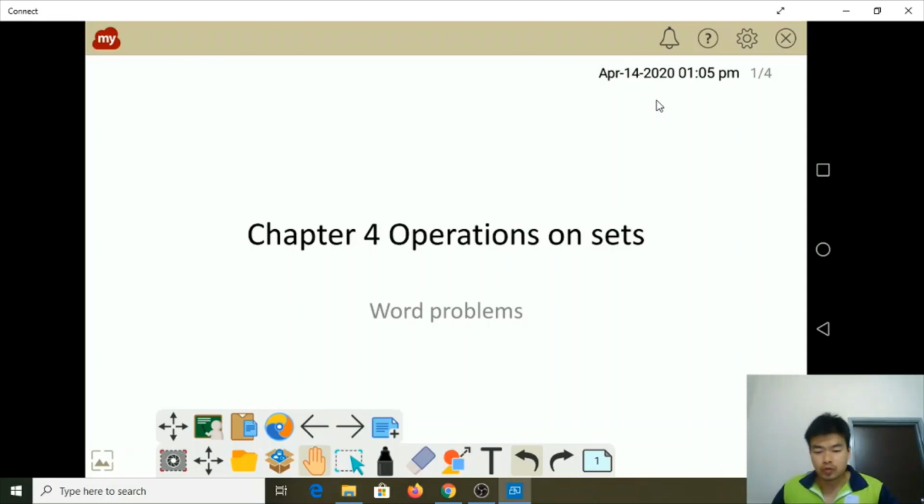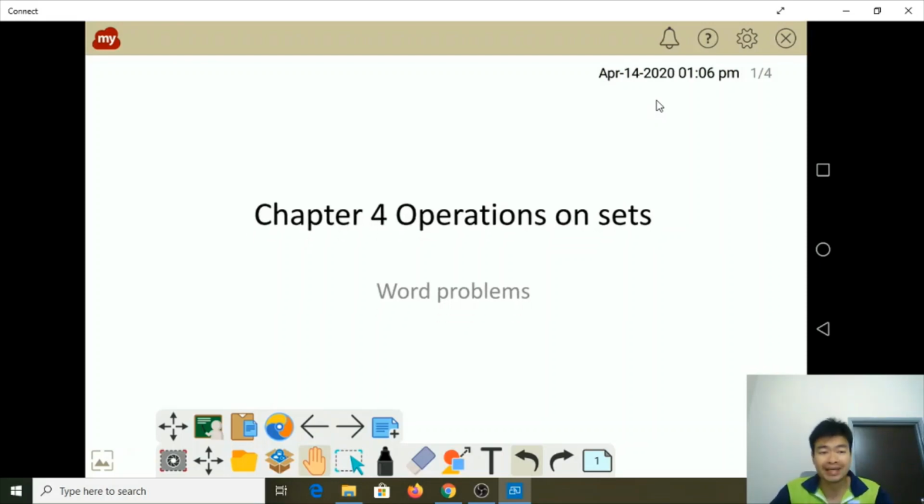Today we are going to continue with the word problem regarding the union of sets, because in the live lesson last time we didn't have enough time to discuss the more complicated problem regarding the union of sets.